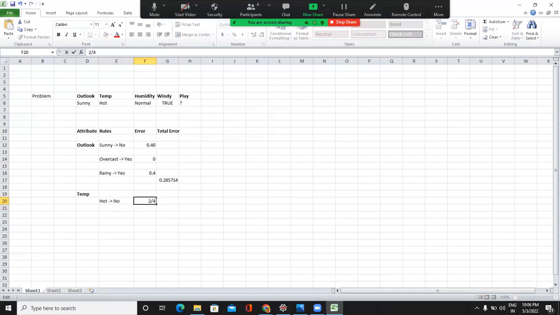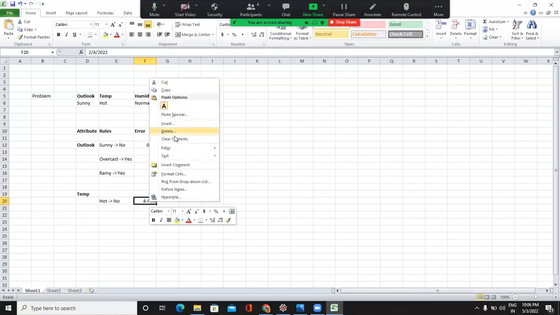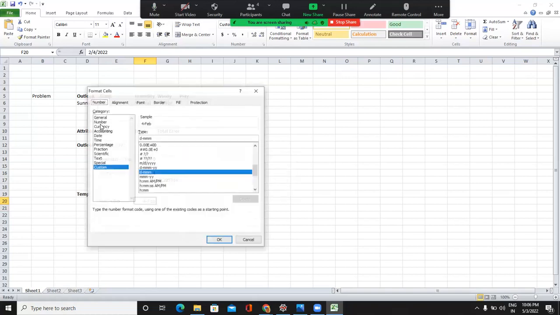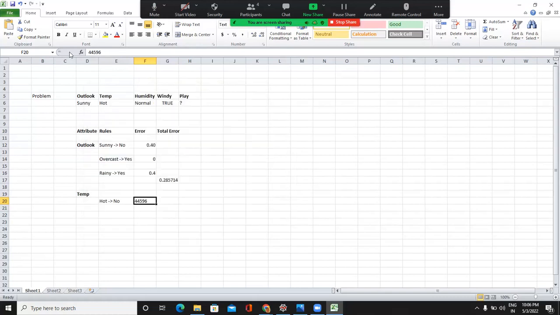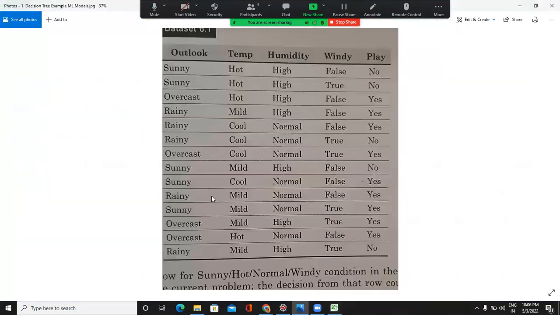Actually, it is better to keep it as text as we are not going to add the result anyway. Okay. Hot, no. Then there are the other possibilities: mild and cool.